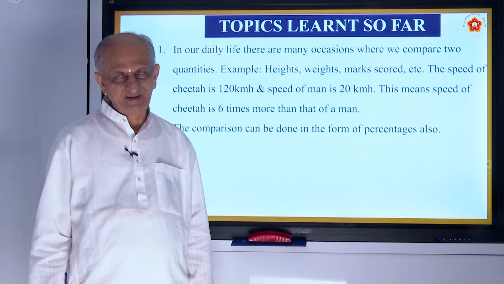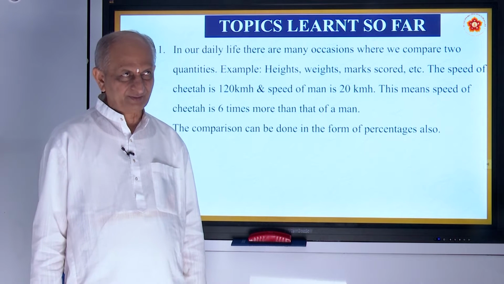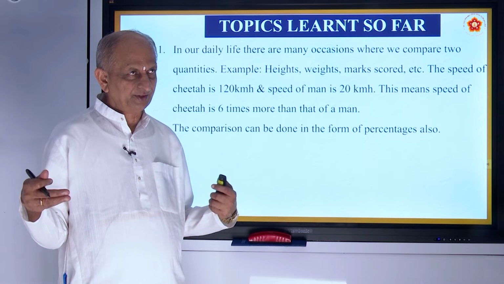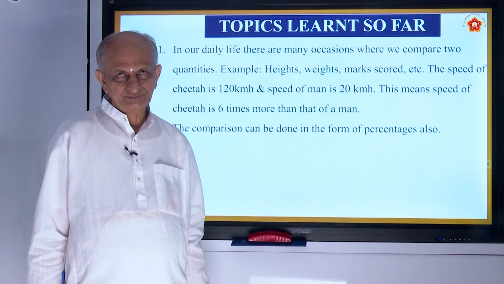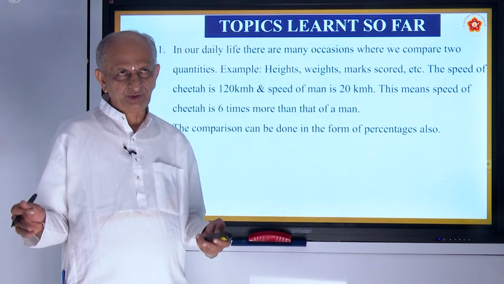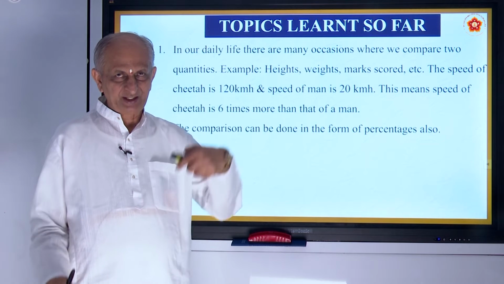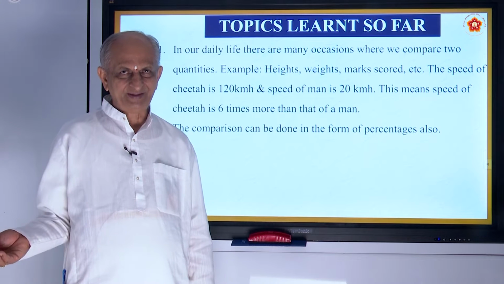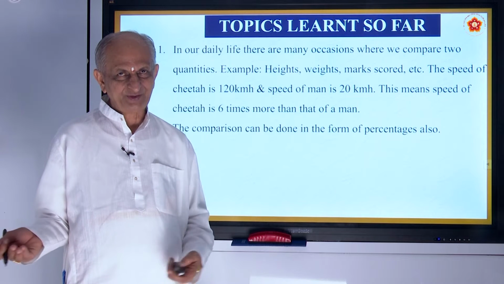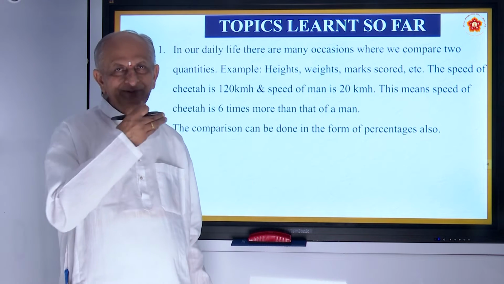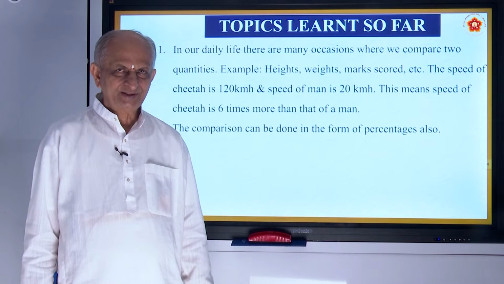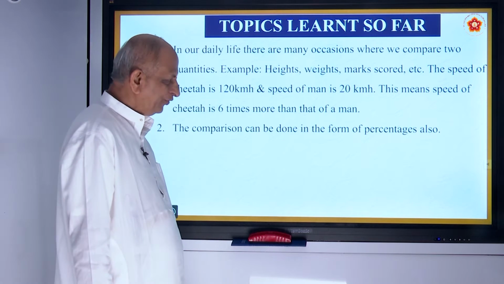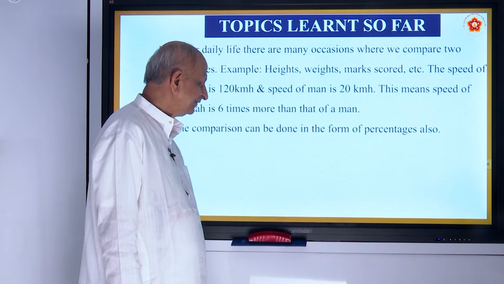About results I was telling, comparison, or you can say discounts can be compared. In one shop they give a discount of 10%, the same article in another shop they give 20%, 15%, like that. So the customers will see which shop gives a cheaper rate, same quality, same quantity. So they go for a cheaper rate, correct?